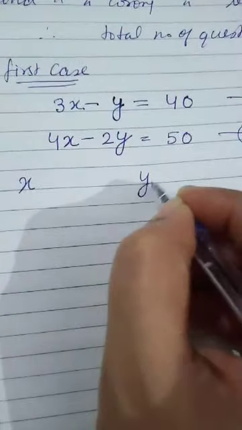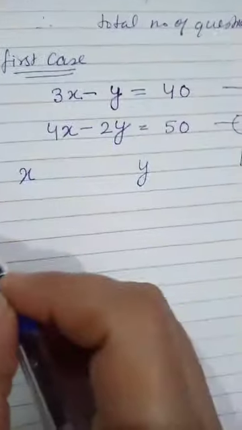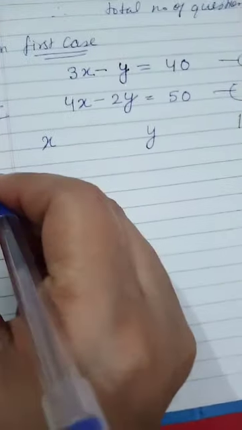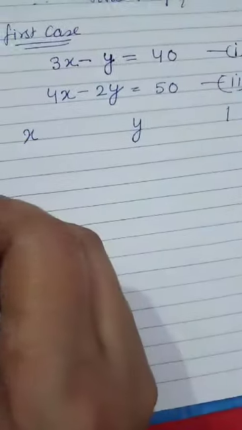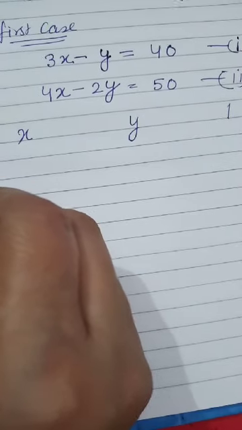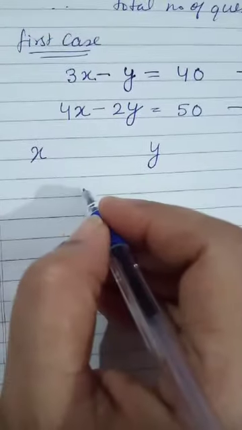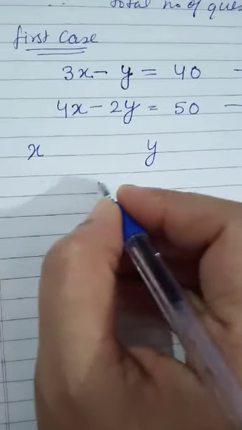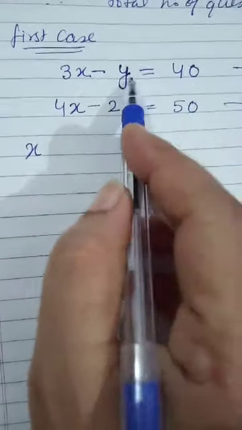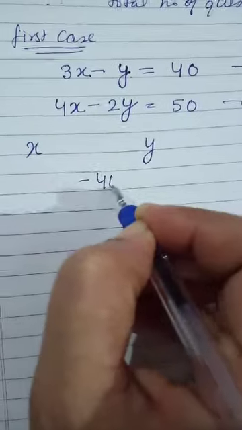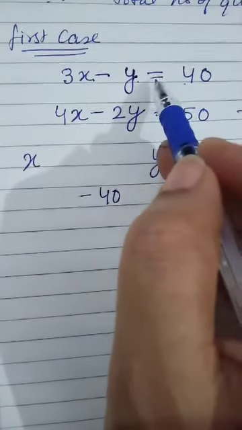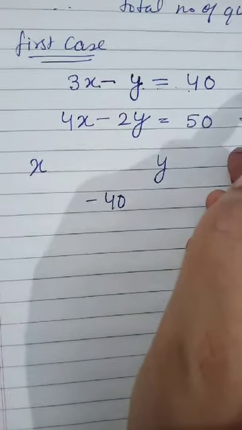x, y, 1. So here we have b1 is -1, b2 is -2. b1 के बाद c1 आएगा, तो c1 क्योंकि इधर आएगा तो -40 लेना है, because we have to convert it in the form of -40 equal to 0.